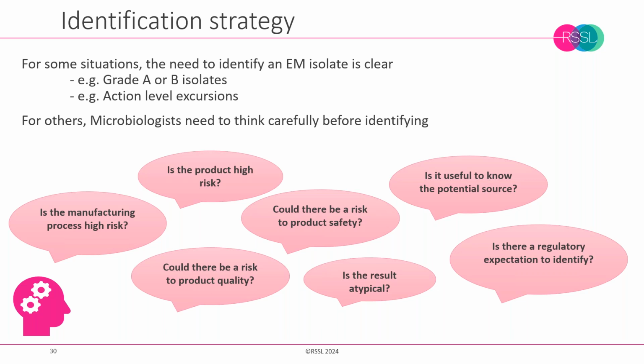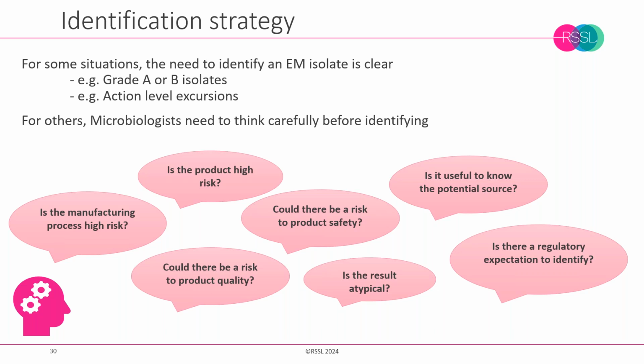Another important consideration that any busy microbiology laboratory needs to contend with is devising an identification strategy. So a busy laboratory can rarely identify everything. The only thing the regulations are quite clear upon is for sterile manufacturers under EU GMP Annex 1, it's saying identify all grade A and grade B isolates.